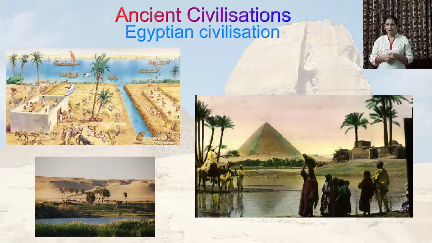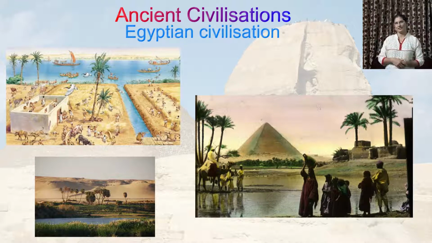Why? Because of the favorable weather conditions and availability of water, which forced the people to settle down on the banks of the river. Hence, the river banks became the cradles of civilizations.